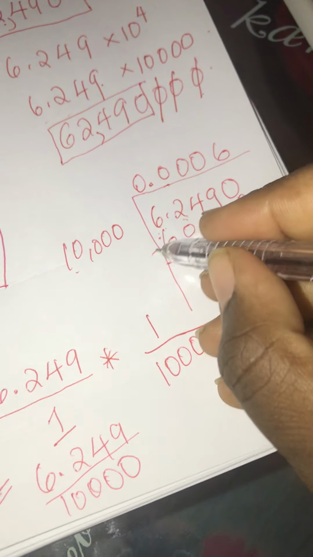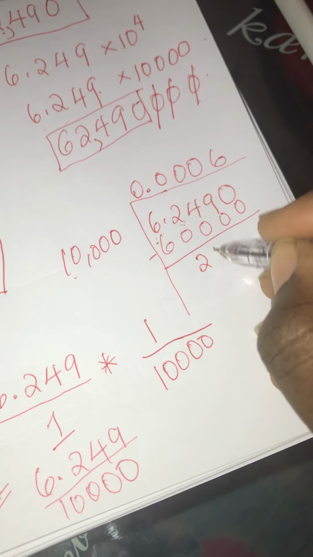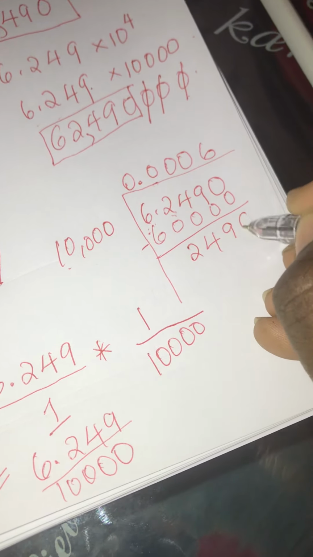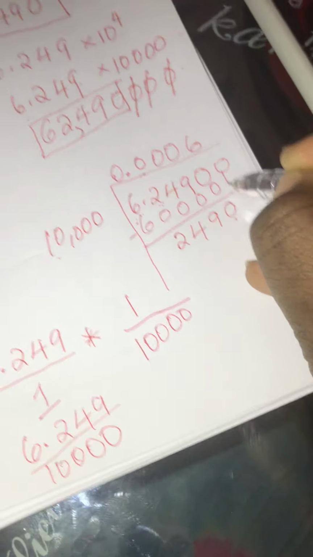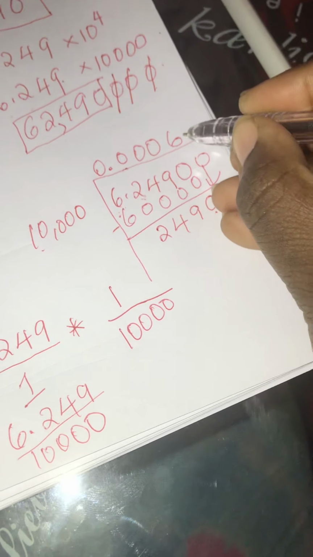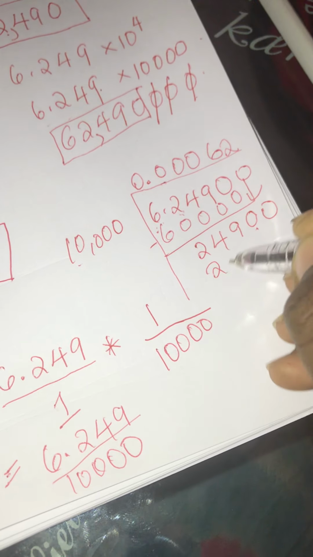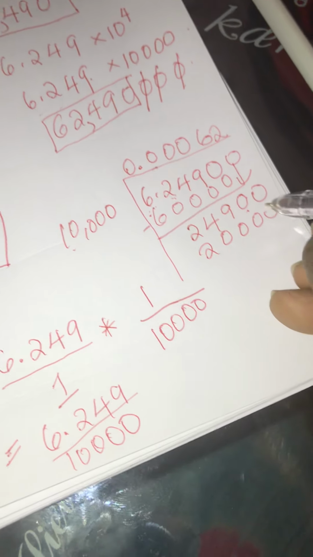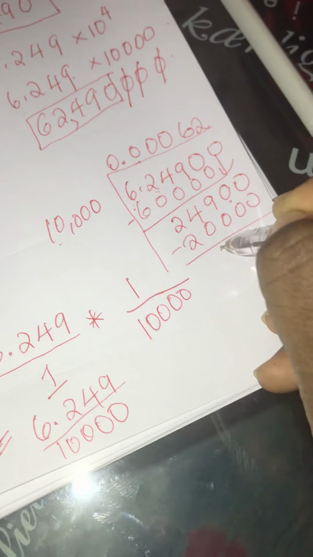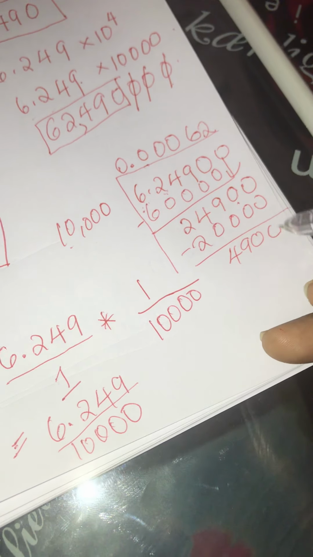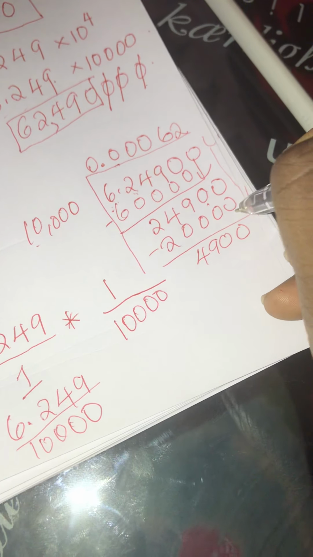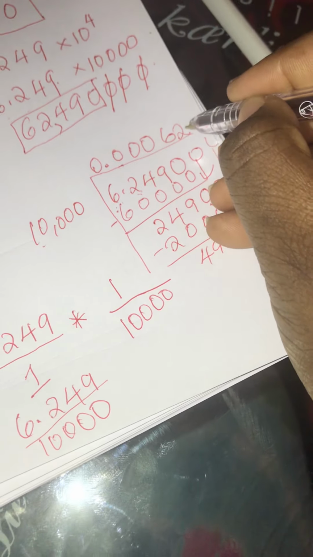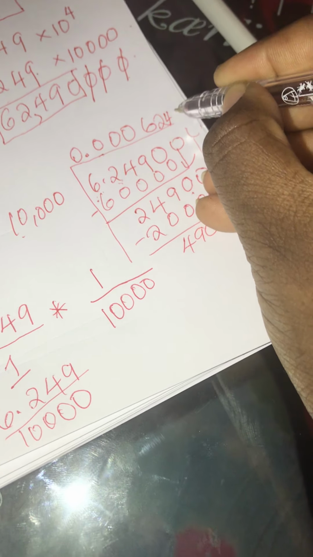You subtract, you get 2,490. Can it go? Then you bring another 0, like that. It will go like this. 20,000, sorry. You subtract. Then you get 4,900. You bring down another 0. Like that. You continue.